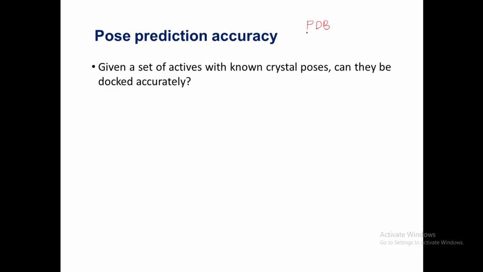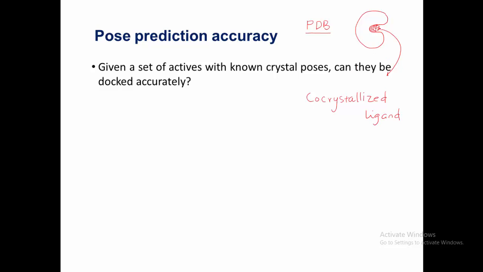the protein has, for example, this is your protein from the data bank. In most cases, you find a ligand bound to this enzyme. We call this the co-crystallized ligand, which is co-crystallized with the protein.